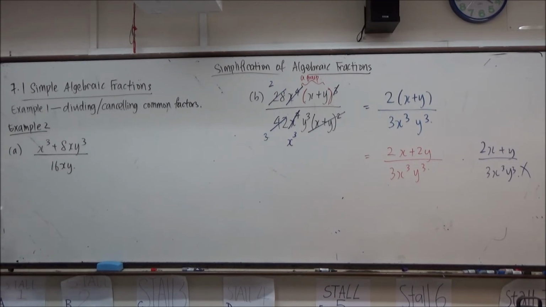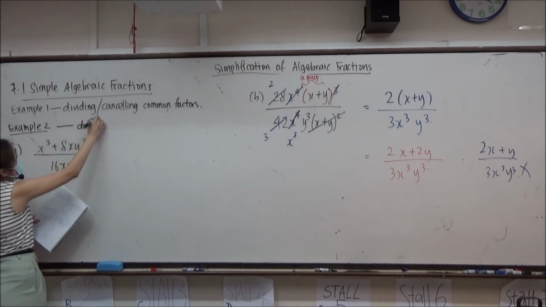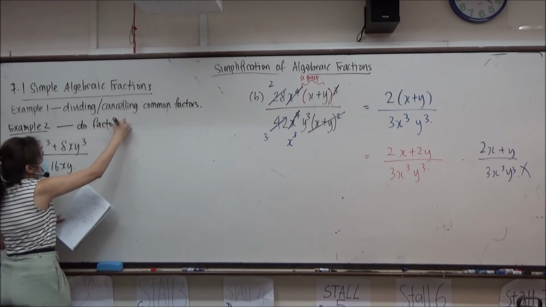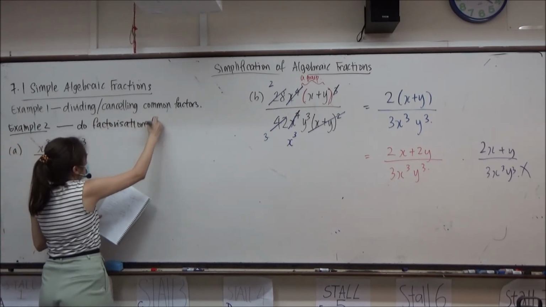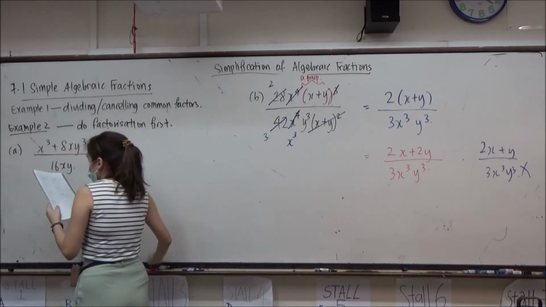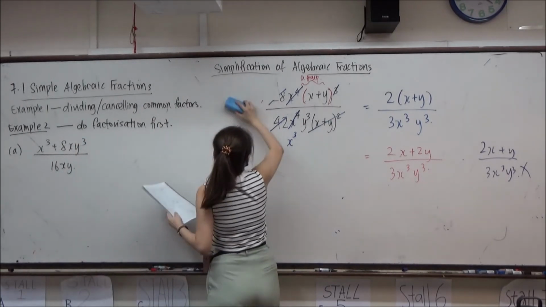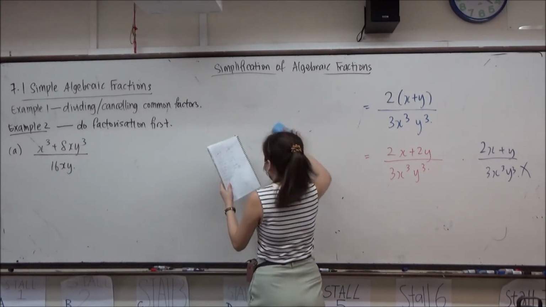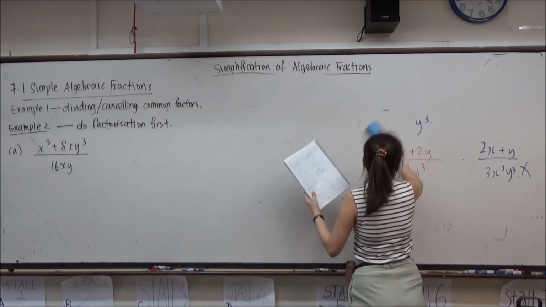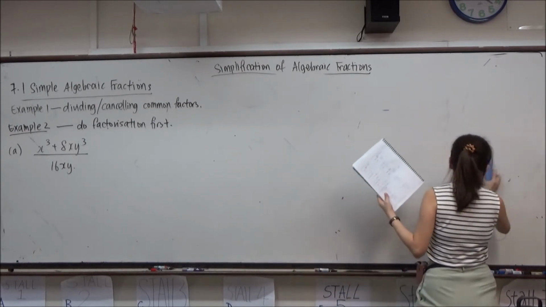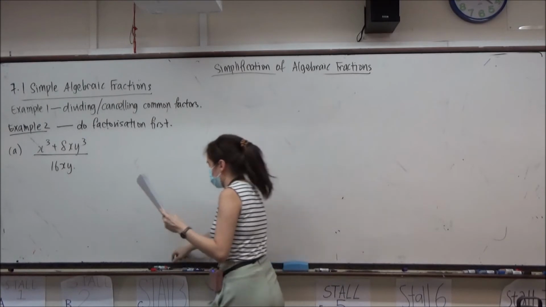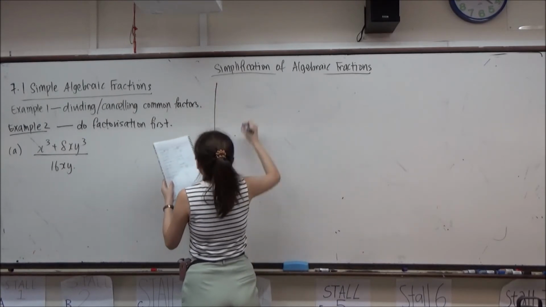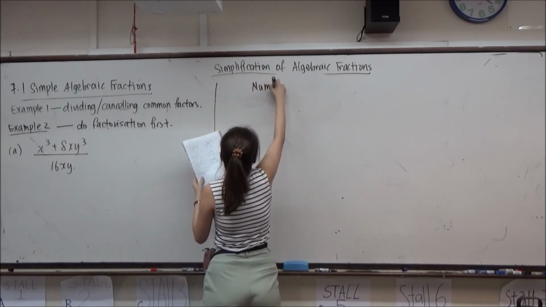So that means I need to do something else, which is to do factorization first. So how do I go about doing factorization? Before that, I will draw some comparison between numerical and algebra.